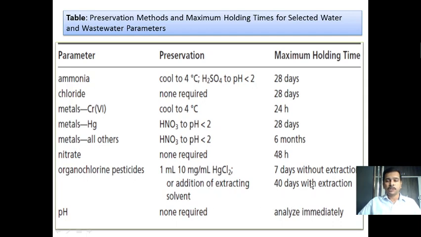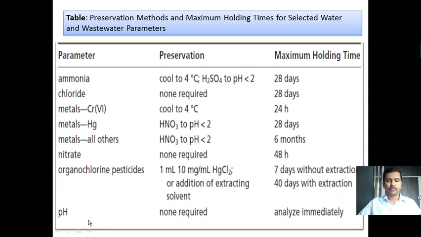If you have not performed any extraction, you have a holding time of 7 days, and 40 days with extraction, because after the extraction, the organic layer holds the pesticide, and this pesticide will be maintained intact. So that will be stable for at least 40 days. So 7 days without extraction and 40 days with extraction is the maximum holding time of the sample.